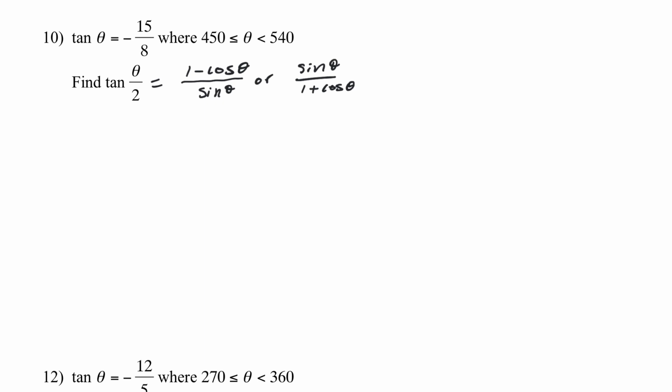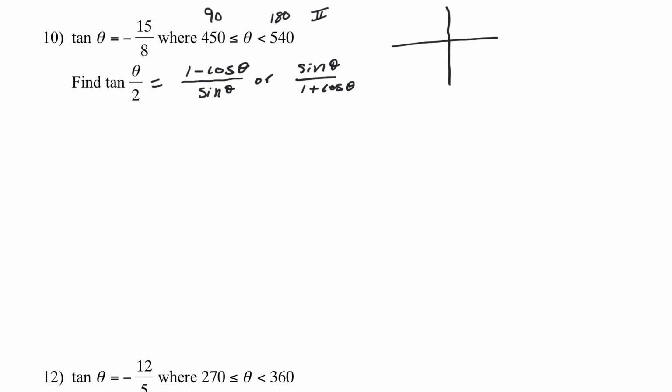So what I can do is I can just subtract 360 from these two angles to get them to be coterminal. What's 450 minus 360? 90. Okay. 540 minus 360 is 180, right? So really, this occurs in the second quadrant. I really don't care that it's too many circles around. I just care where the angle exists in the quadrants.